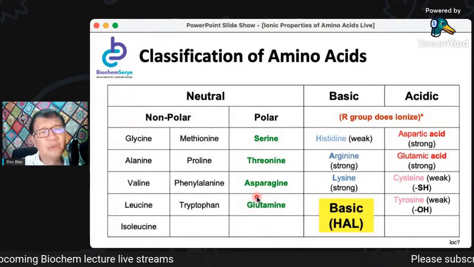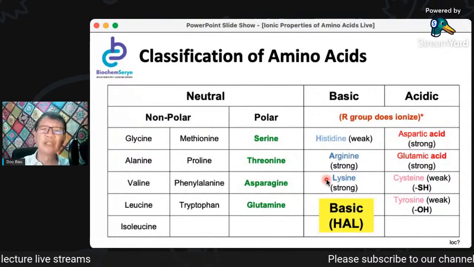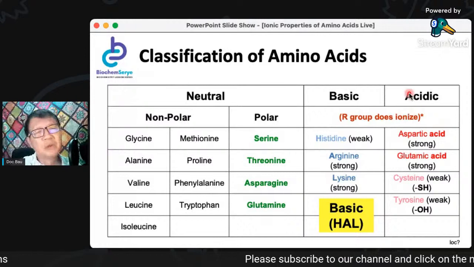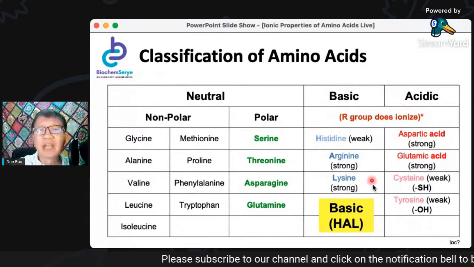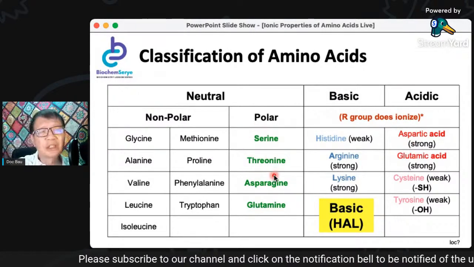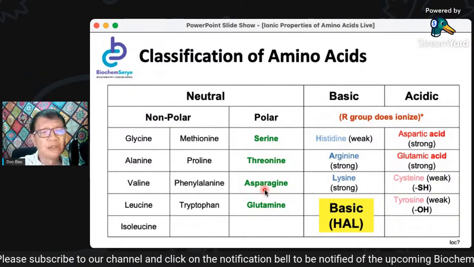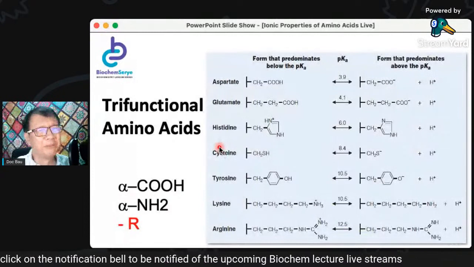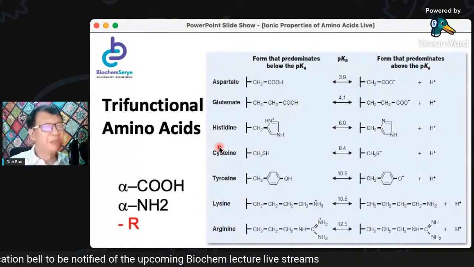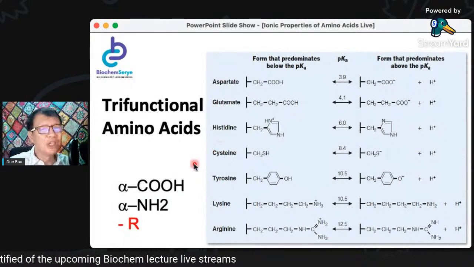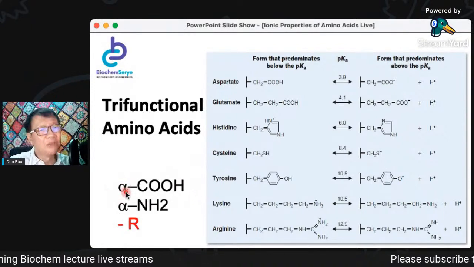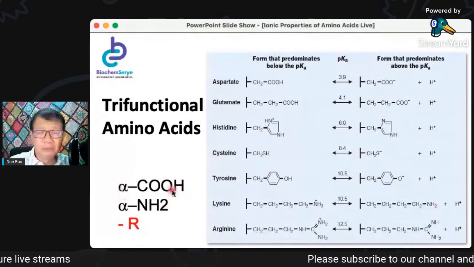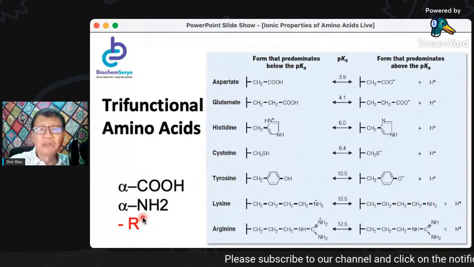If the question asks which of the following amino acids are located outside, exposed to water, you now have to look into the amino acids that can ionize or the amino acids that can form hydrogen bonds. So again, your trifunctional amino acids: all amino acids will have your alpha carboxyl and your alpha amino group, right?